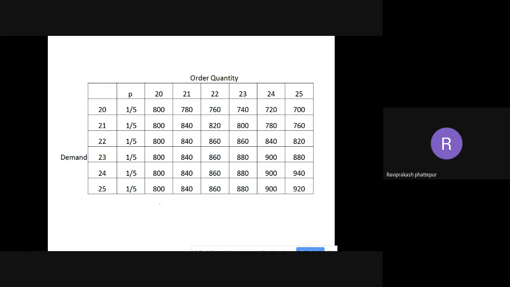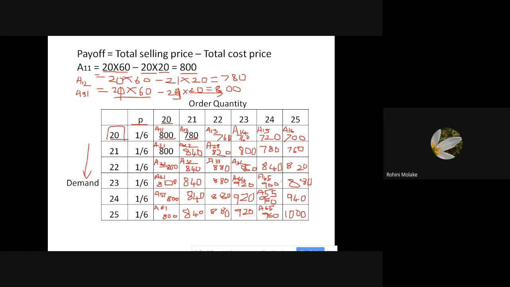See here, 800 everywhere. First 780, then 840, then 760, 820, 860, then all 860. Similarly, here there is a mistake. Instead of 920, it is 1000. The probability also, no. Probability, we are not doing it now. I'll tell you when to do it.